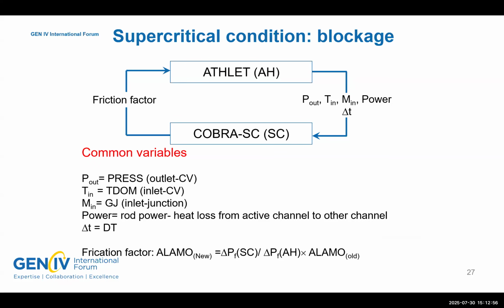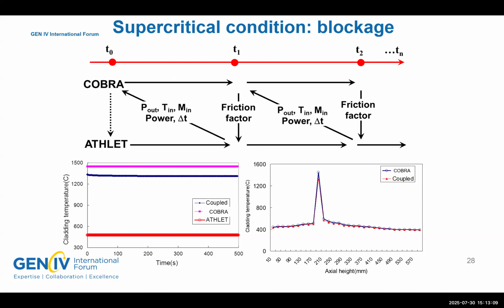And here are the common variables: the pressure, temperature, mass flux, and also the time steps and the coupled friction factors. And then you will see the coupling procedures between the system code and the subchannel code.